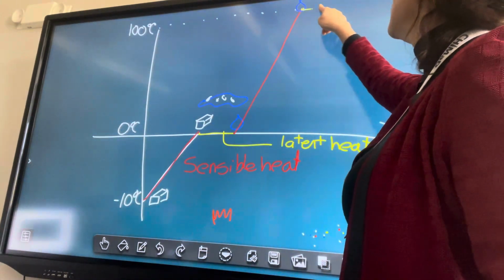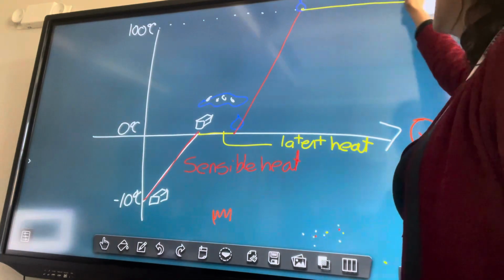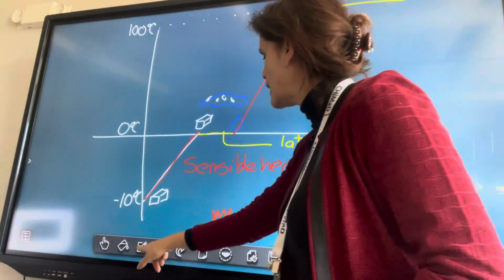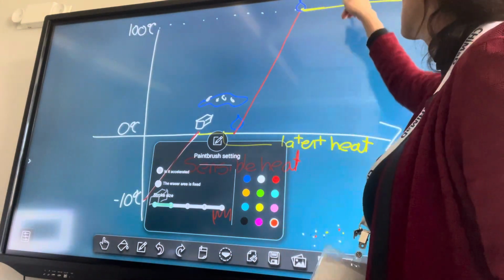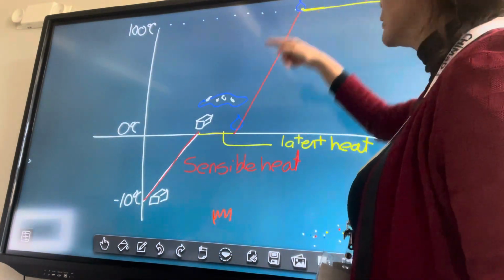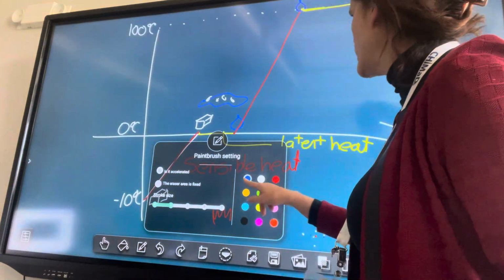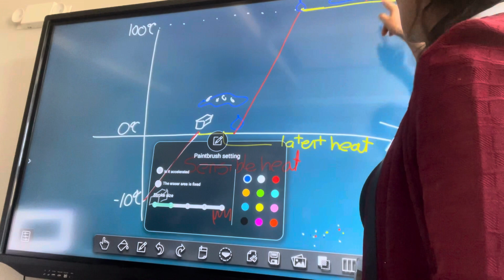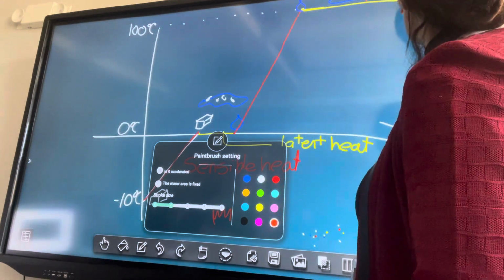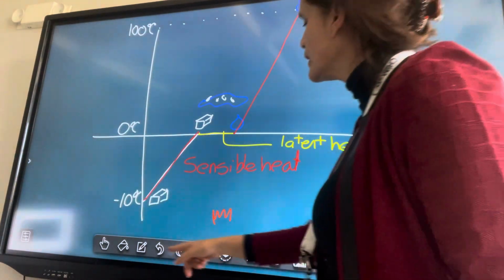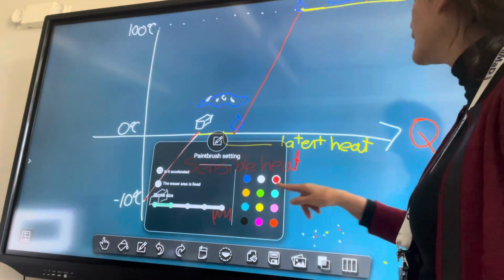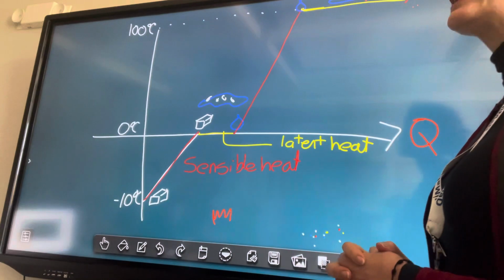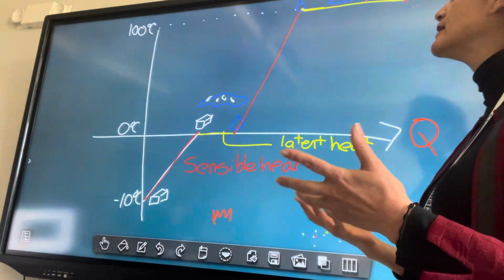So we're going to have a mixture of water and water as a vapor until it all becomes a vapor. And then it's going to start again increasing in temperature until we can get something called superheated steam.